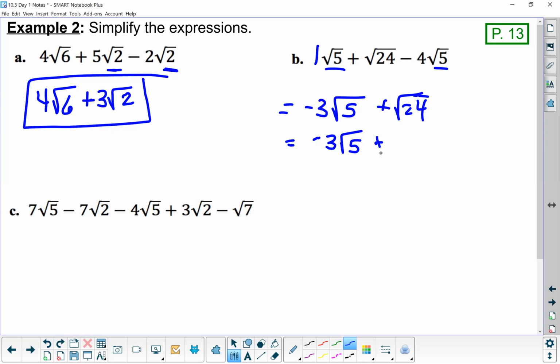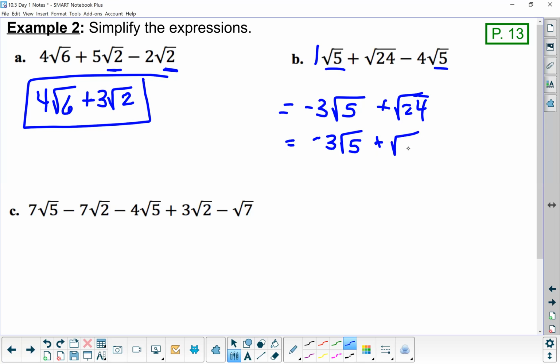So I checked, does 16 divide evenly into 24? The answer is no. Then I try 9. Does 9 divide evenly into 24? No. So then I try 4. Does 4 divide evenly into 24? And the answer is yes.